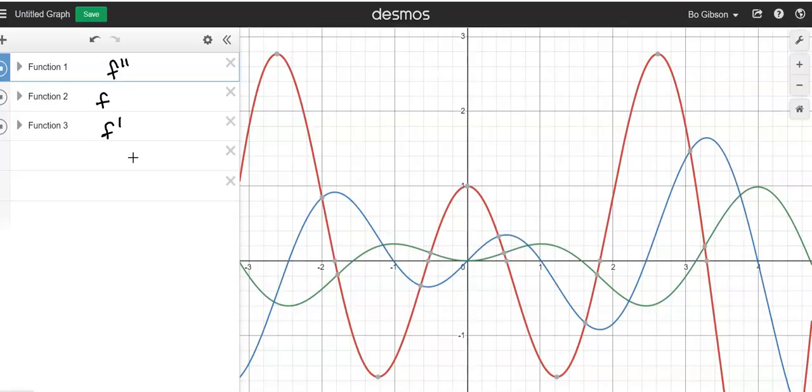So finding those horizontal tangents can go a long way. Just remember they are going to correspond to zeros of the derivative, and you can kind of just play that game. If you need to go further, you can always just kind of estimate tangent lines and see corresponding function values. And remember that if you happen to be looking at polynomials, you can use that power rule to your advantage as well.